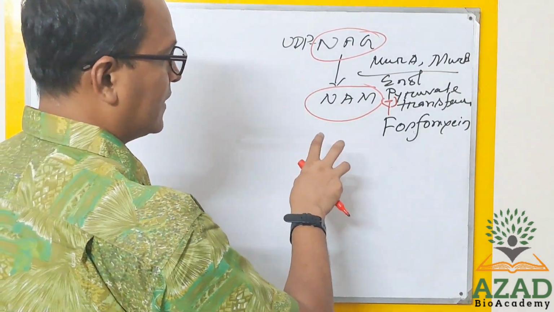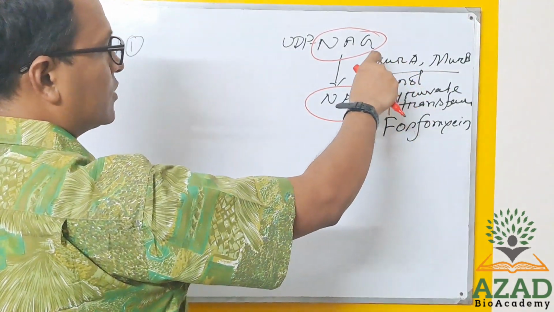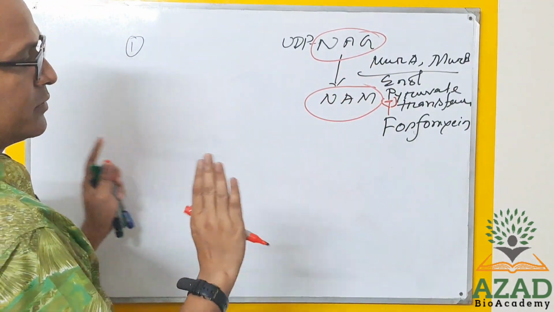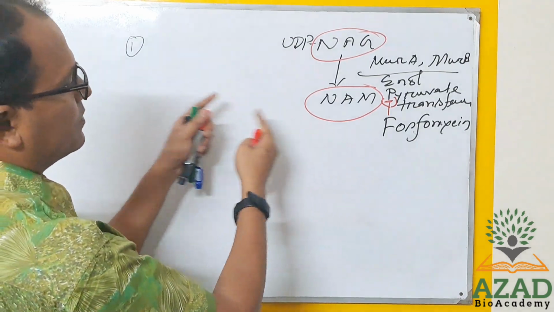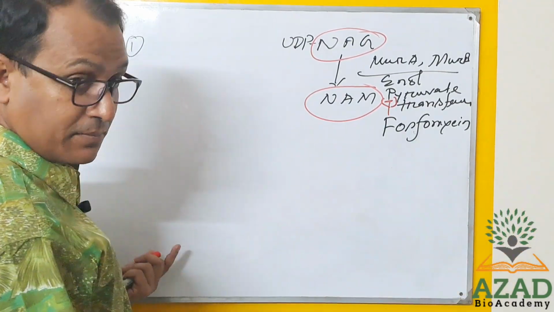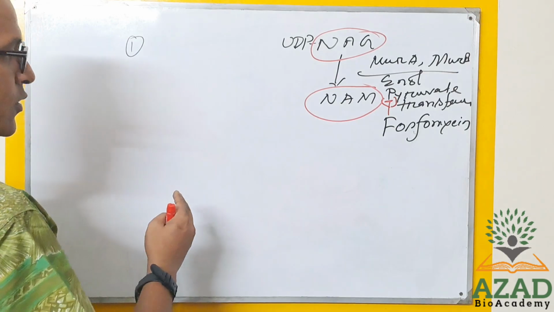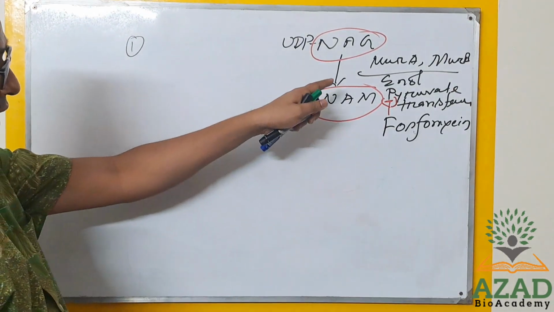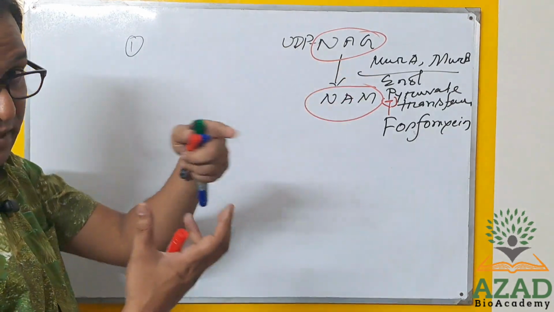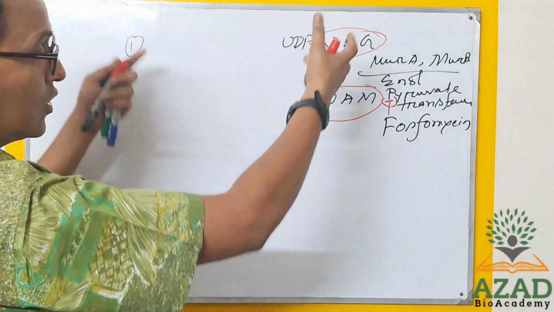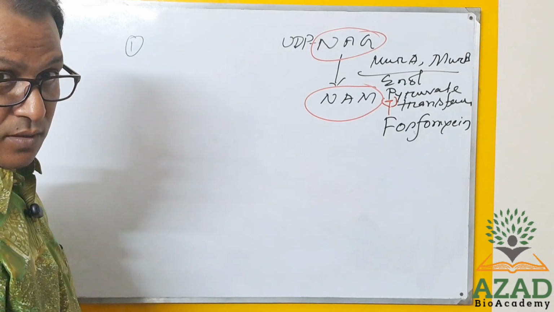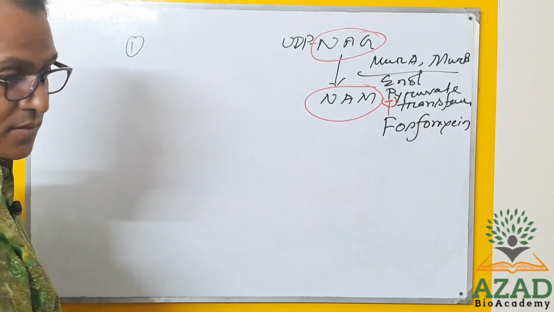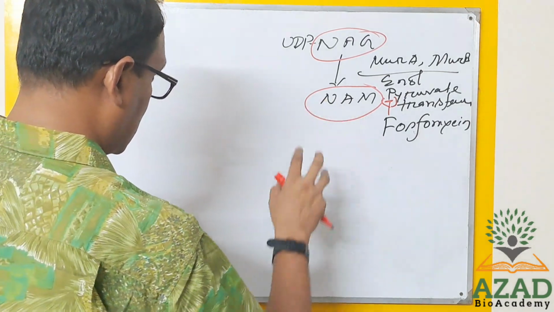So when that enzyme is inhibited, NAM will not be produced, and further procedure will not be possible. Without the basic unit of NAM and NAG with pentaglycine, how is it possible to produce the bacterial cell wall? So it is indirectly associated with bacterial cell wall synthesis. So this is one within the cytoplasm.